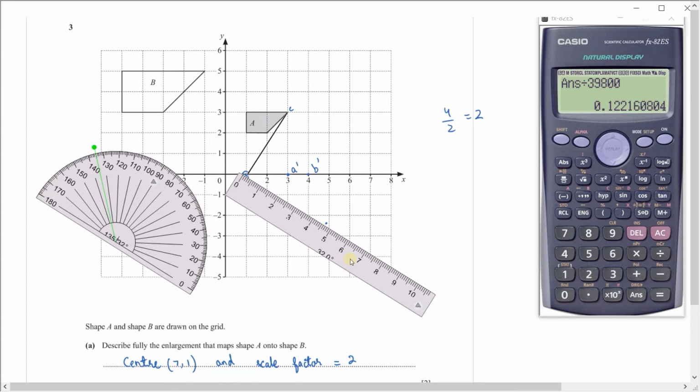So I can draw a straight line up till 3.5. So if this is 0, my 3.5 is approximately at this point here. So actually this will give me my C prime. So let me join it up till this point.